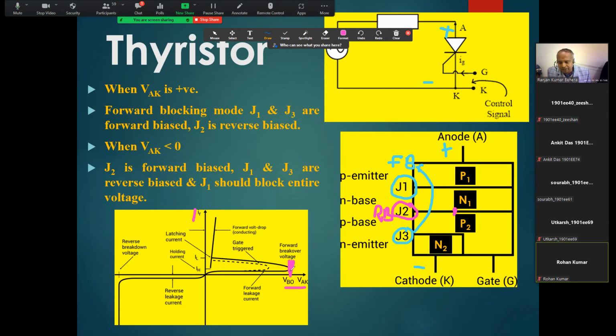When we try to understand the concept, it is very important.